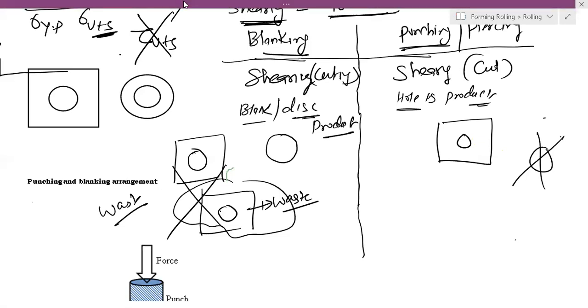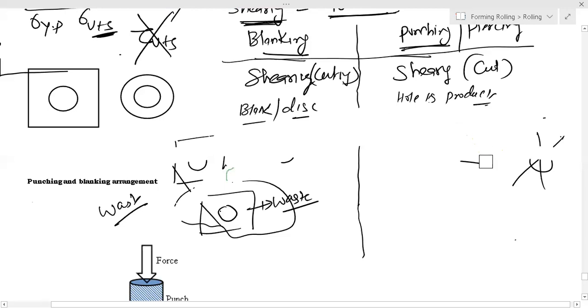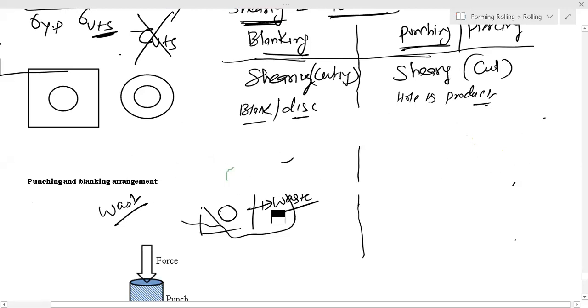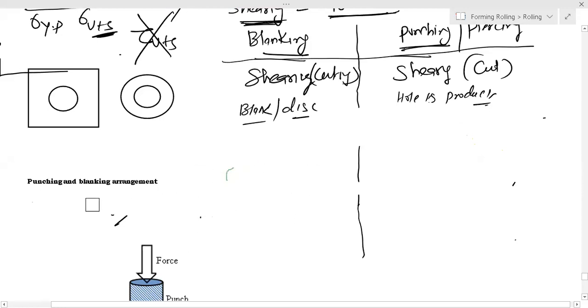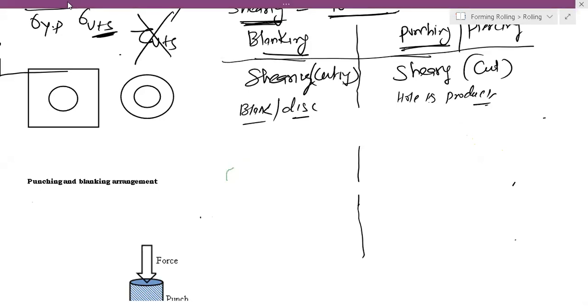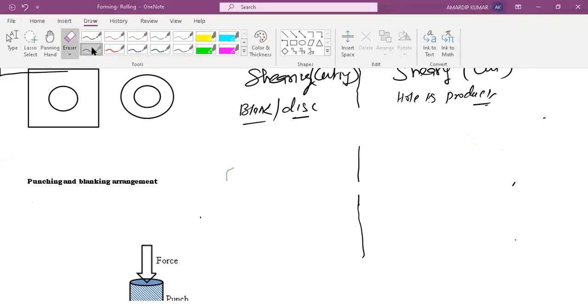Don't confuse, because even a small objective question, if it is asked in GATE, because of the exam pressure and confusion, you do silly mistakes. You do very silly mistakes, and later on you feel like, oh, that was the biggest mistake I have made, right?